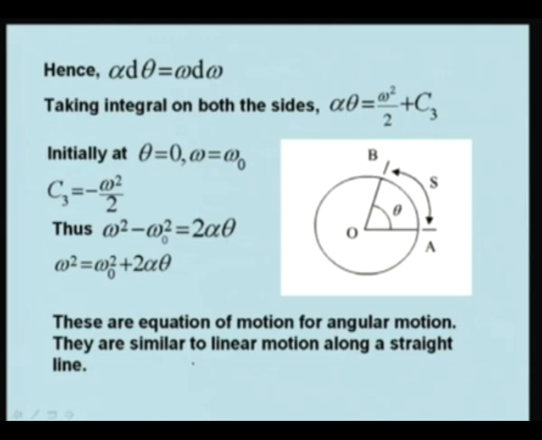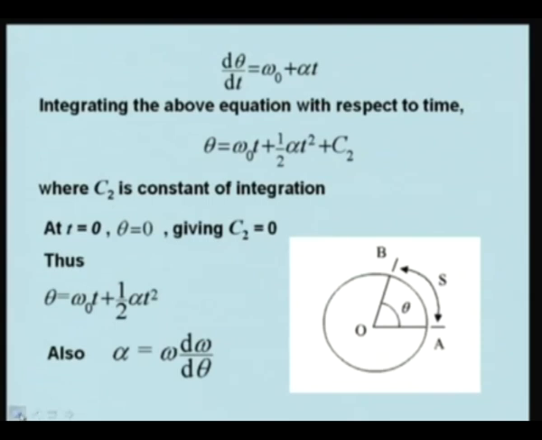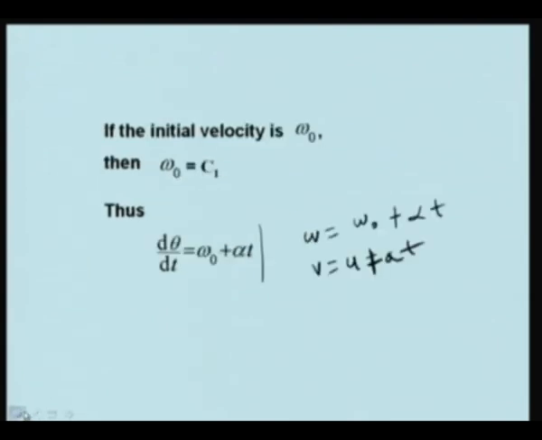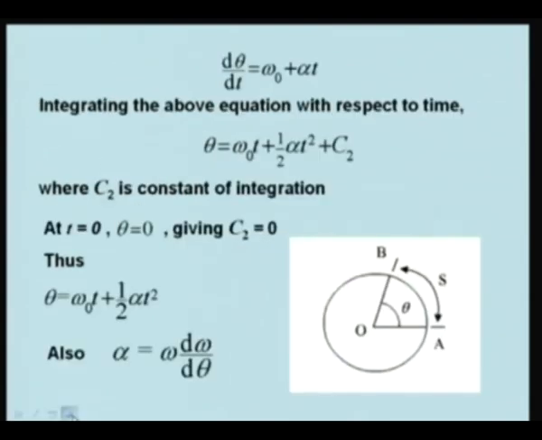These are the equations of motion for angular motion. They are similar to linear motion along a straight line. So these are the equations of motion. One is omega is equal to omega 0 plus alpha t.